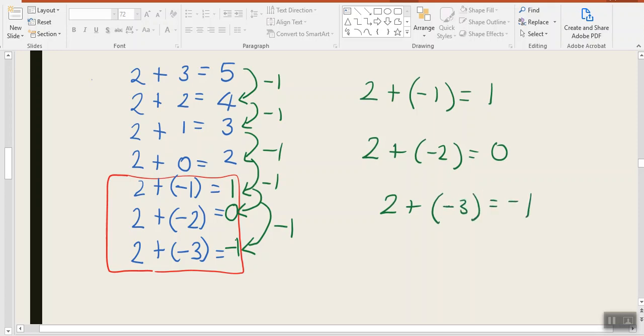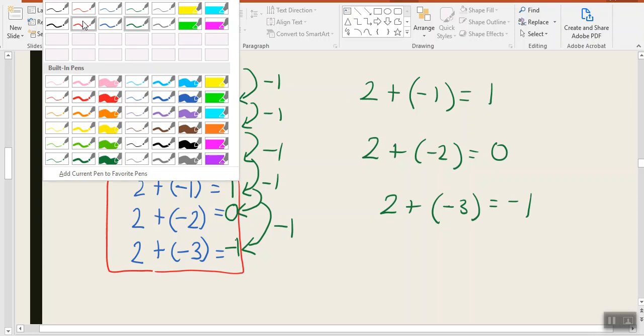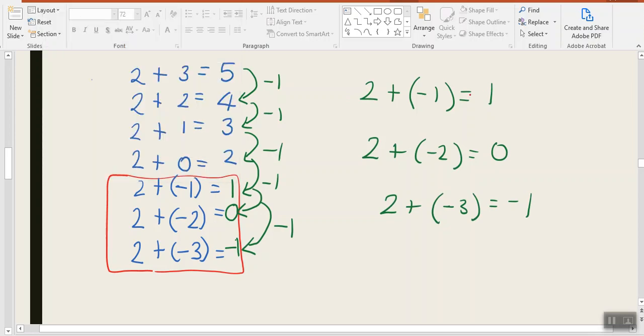So now my next step is, what do I do to obtain these answers? Let's have a look at the first one. If I have 2 and I have 1 and I want it to equal 1, what must I put in this box? Do I put plus or take away?